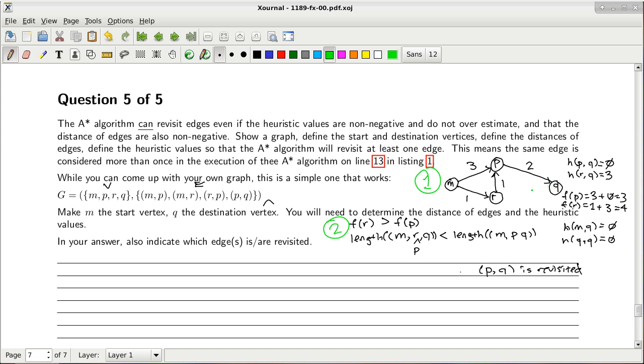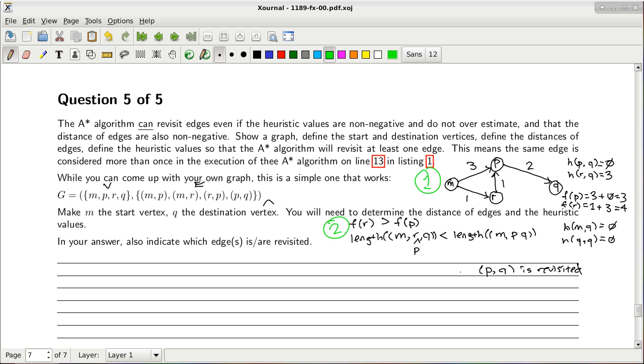So this way, the G value, the first time we get to Q, the G value of Q is going to be 5. And 5 is still going to be greater than 4. And that means the algorithm cannot terminate because of the additional condition yet. It has to consider R in the set O, because f of R has a value that is less than G of Q, and that is the other key.